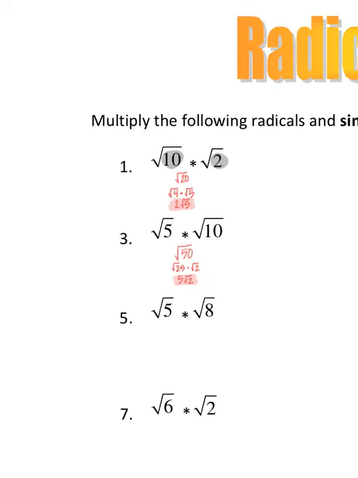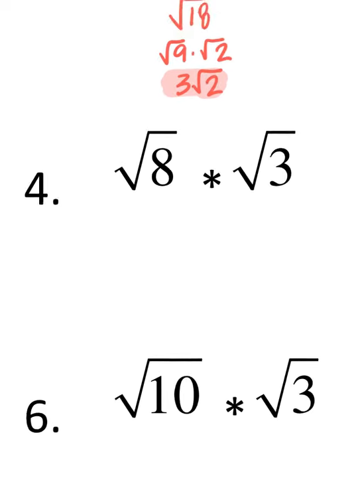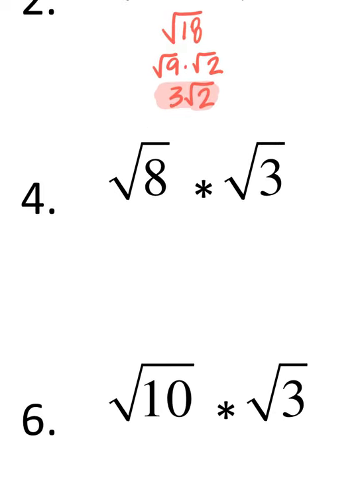Okay, let's look at one more like this, and then I'm going to let you finish the rest. Okay, 8 times 3. 8 times 3 is 24. So we have radical 24. And again, 8 times 3 is 24, but neither one of those are perfect squares. So we're going to take out the perfect squares, which would be 4 times 6.